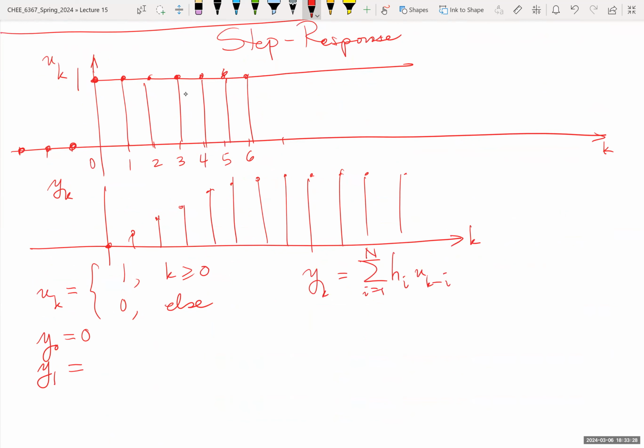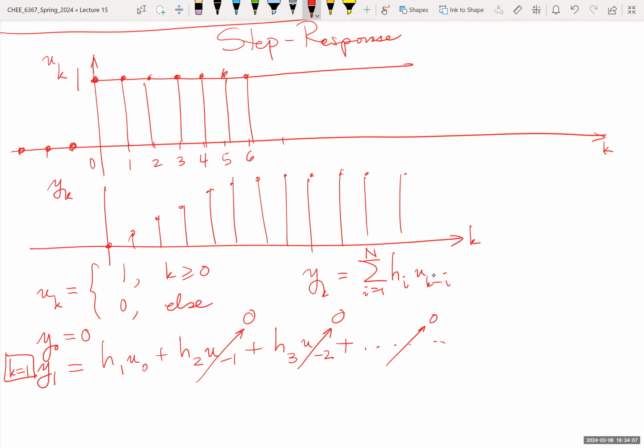For k equal to 1, I have y1 from this model: h1 multiplied by u0, plus h2 multiplied by u minus 1, and then h3 u minus 2, plus, and these are all 0, right?